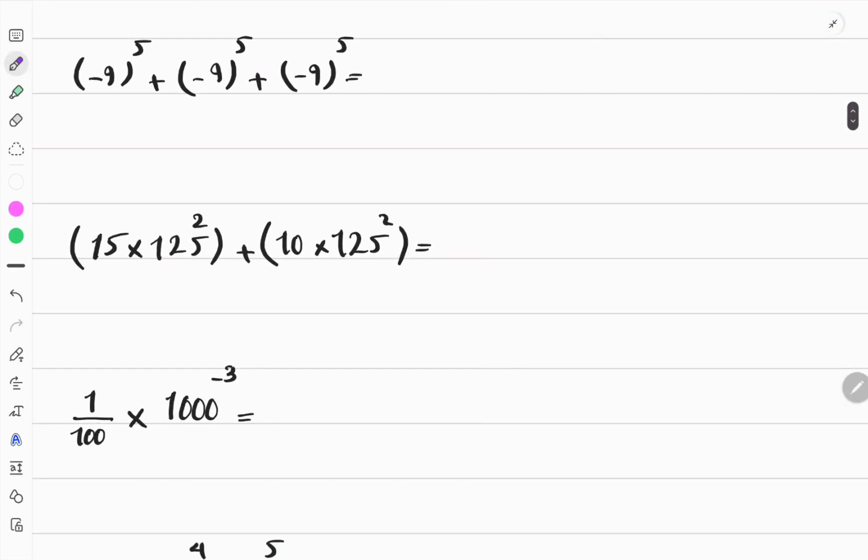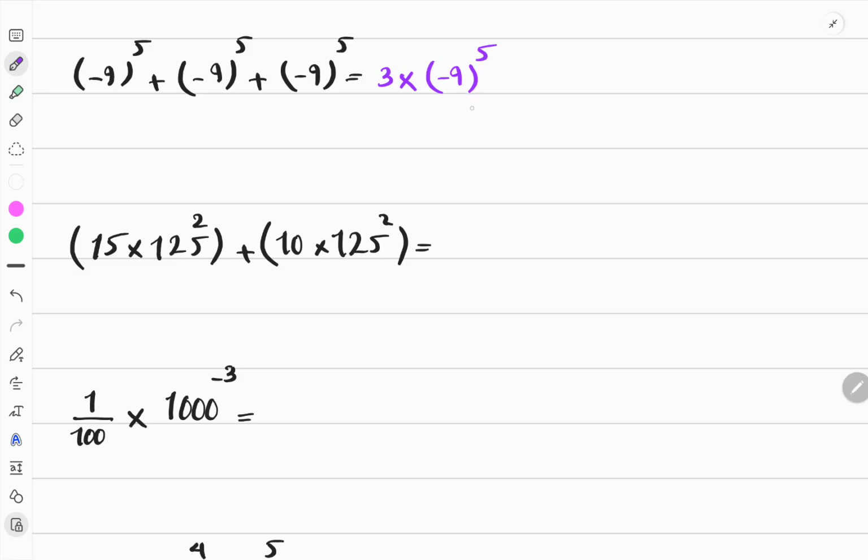And the next question, -9 raised to the 5 plus -9 raised to the 5 plus -9 raised to the 5. So we have 3 lots of -9 raised to the 5.